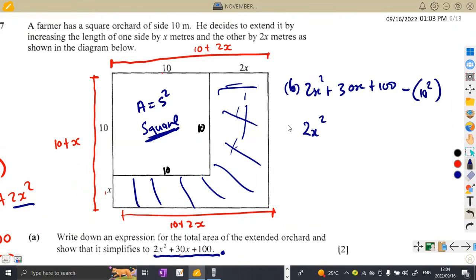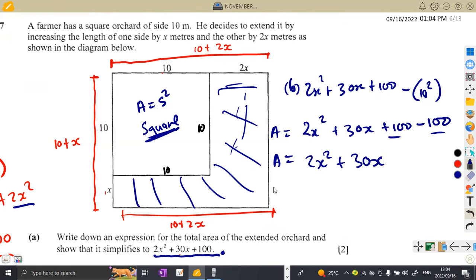So we have 2x squared plus 30x plus 100 minus 10 squared, which is 100. 100 minus 100 is 0, so it's going to be 2x squared plus 30x. This is the area of the extension. So that was the area of the extension.